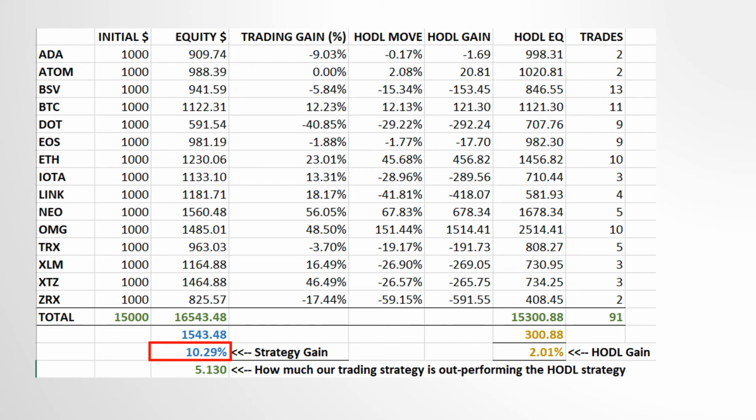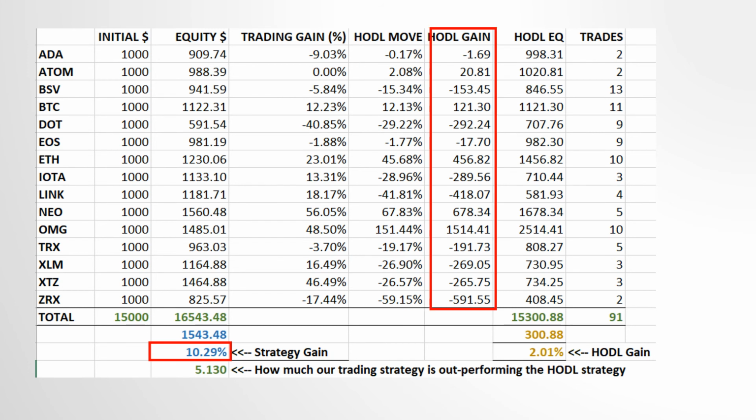Now, is this good or is this bad? What do we compare it with? We can compare it with the hodl strategy, the buy and hold strategy. Let's say you just bought and just held on. We can compare it to that. During the same period, from the first trade to now, the price has moved by these percentages.